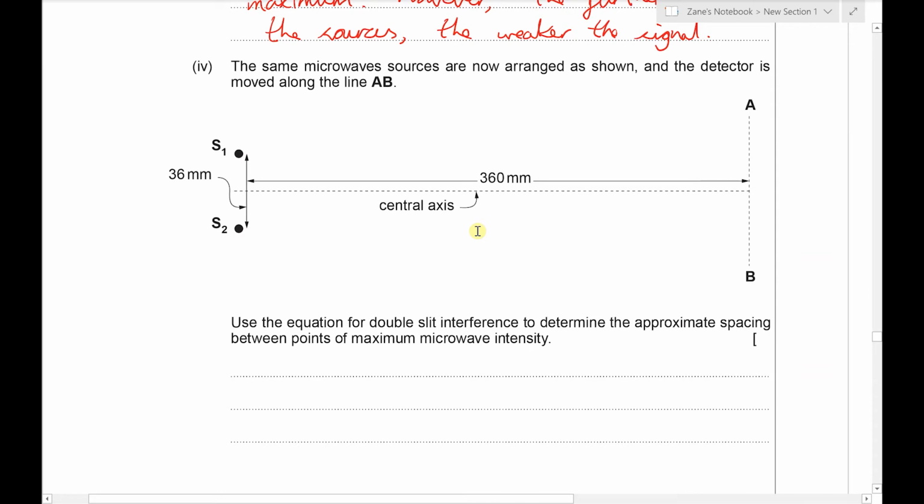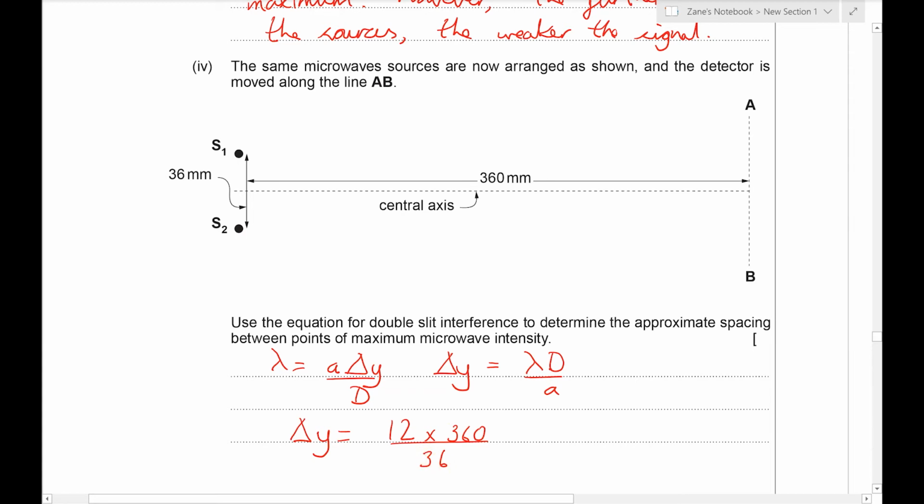Next, the microwave sources are arranged as in the next diagram, and the detector is moved along the line AB. And we're going to use our double-slit interference equation to determine the approximate spacing between the points of maximum microwave intensity. So our equation is lambda equals A delta Y over D, but here we're trying to find the spacing between the maxima, which is delta Y. So delta Y is lambda D over A. So delta Y is going to be the wavelength of 12 millimeters times D, the distance between the slits and the screen of 360 millimeters, divided by the separation of the sources, which is 36 millimeters.